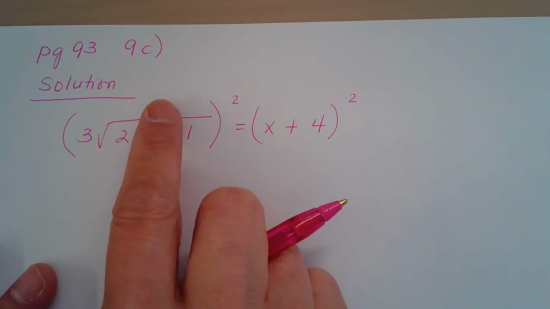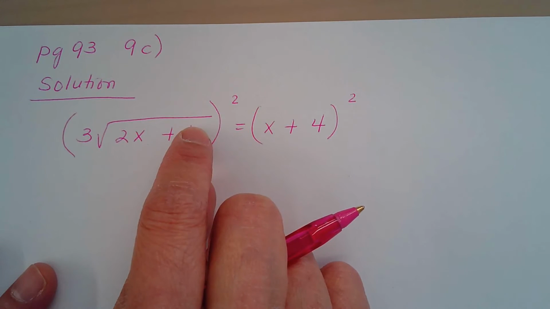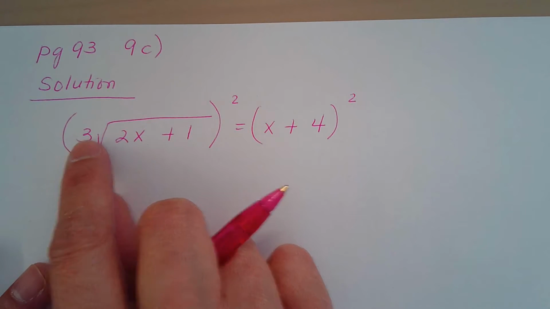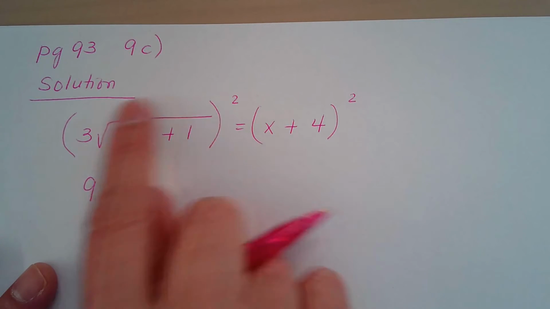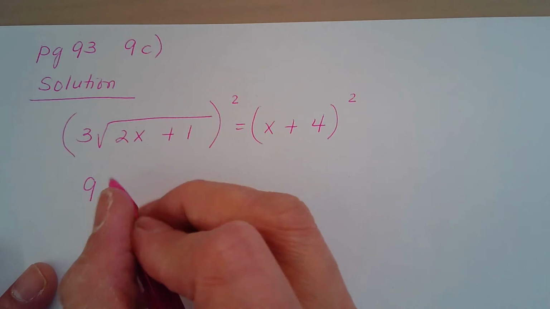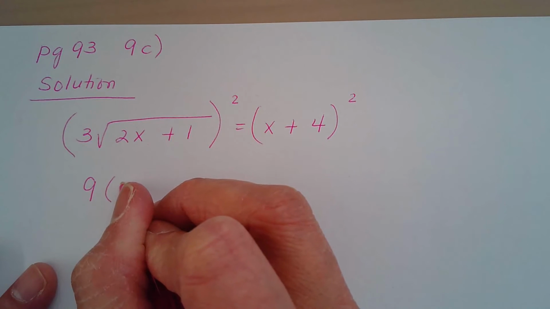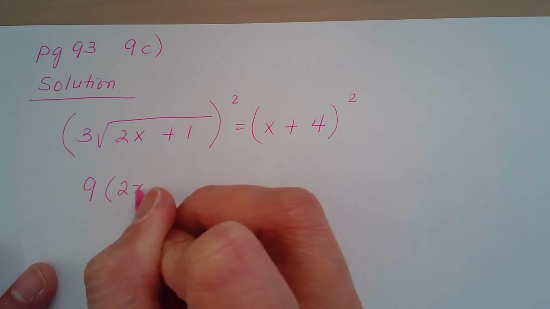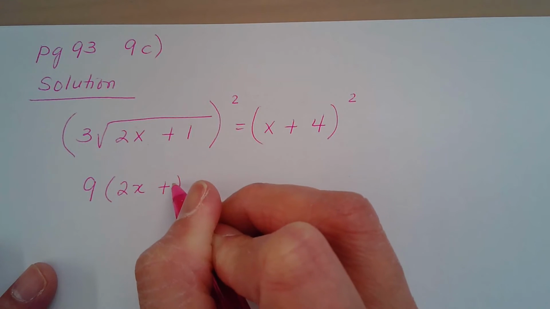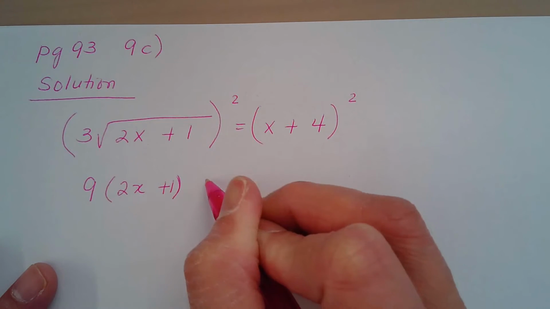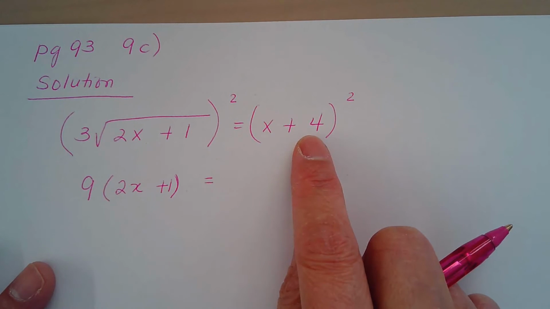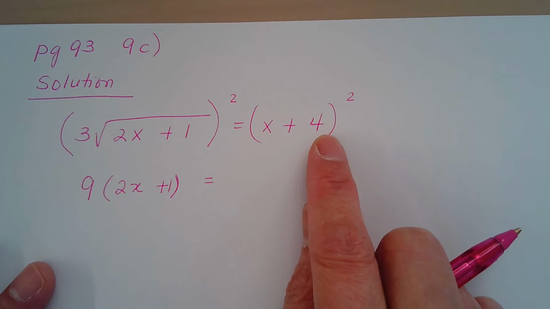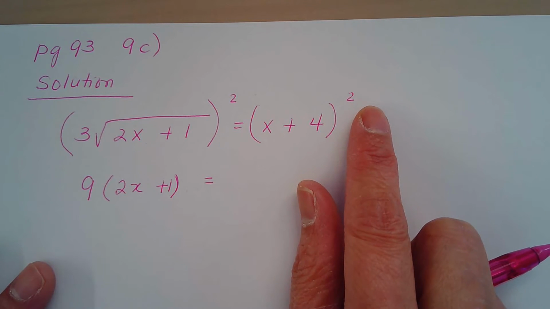So if we square all of these, right, that's going to be 3 squared is 9. And then this squared would be, that's going to be 2x plus 1. Okay. Now what about this one here? X plus 4 squared.